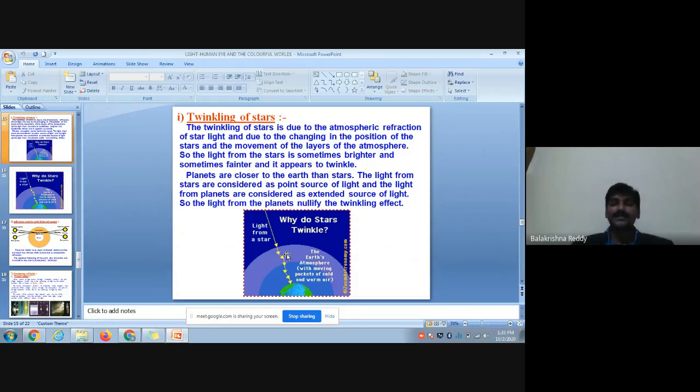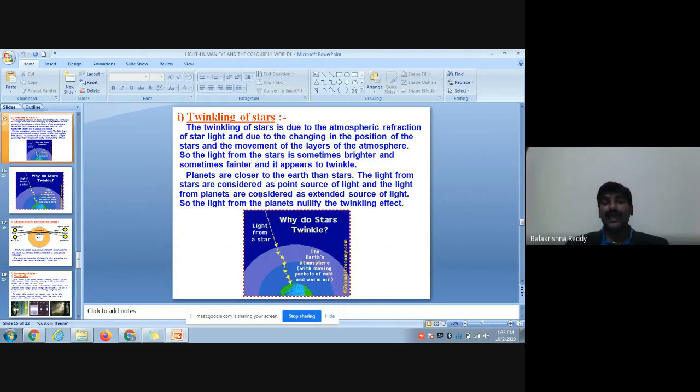Whereas some of the stars near the moon cannot be twinkled; we can see them as they are. That type of star we call planets, which are very near to our Earth, like Venus and Mars. But stars that appear at a longer distance will twinkle.